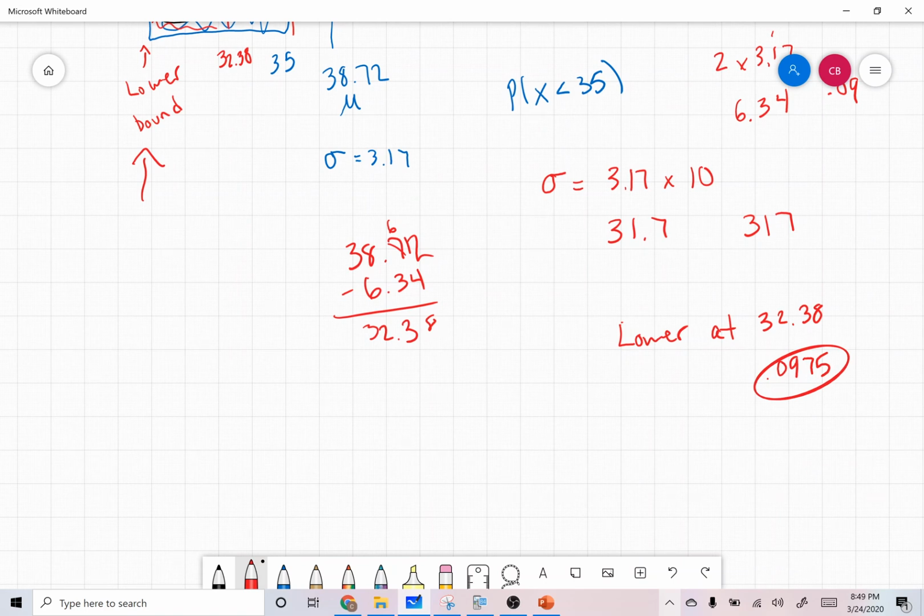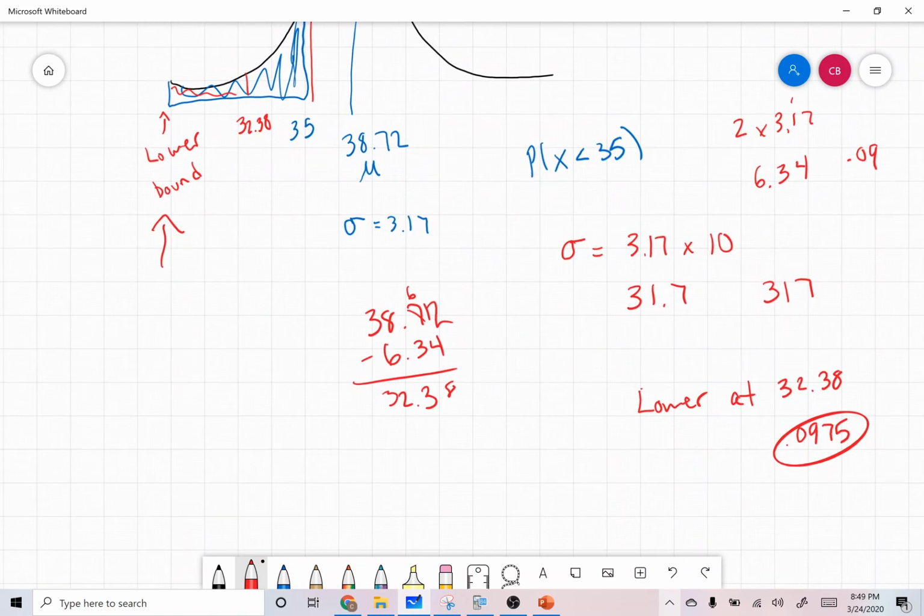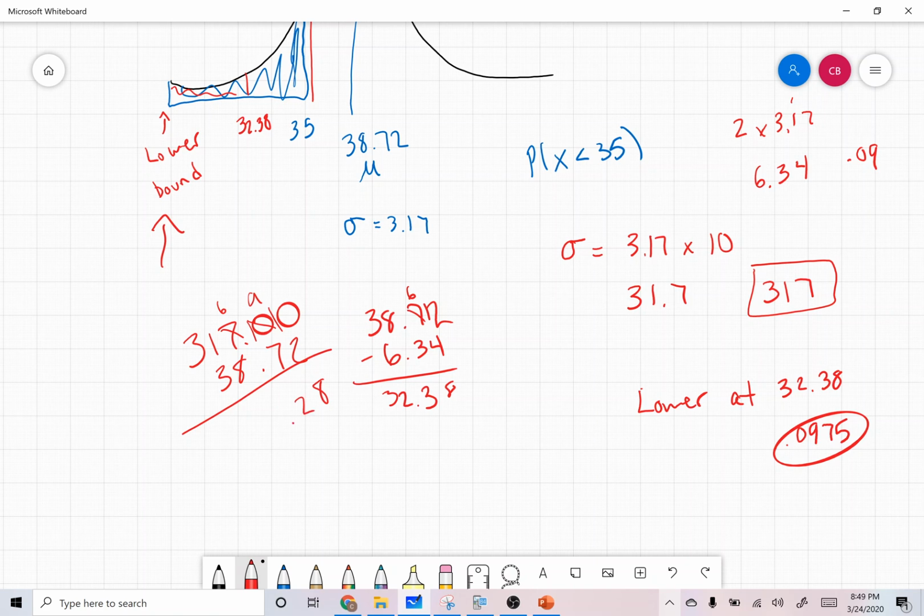But now let's see what happens if instead we subtract 317 from this. If we do 317 minus 38.72, we have negative 278.